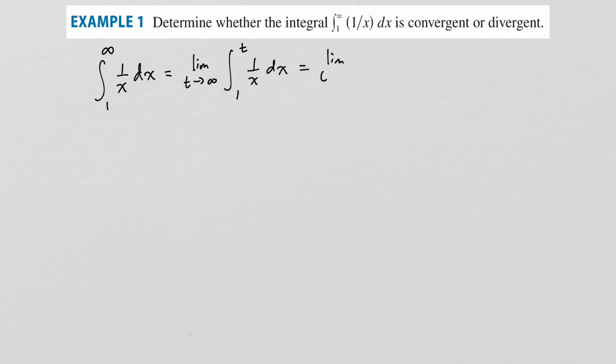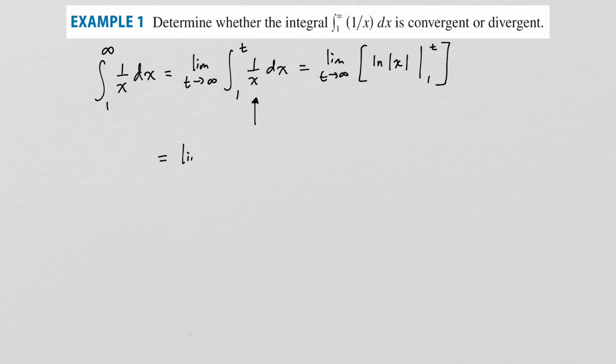Now we have the limit as t goes to infinity of, what is the antiderivative of 1 over x? Well, we know it is the natural log of the absolute value of x. And then we will use the fundamental theorem of calculus to evaluate this function at these limits.